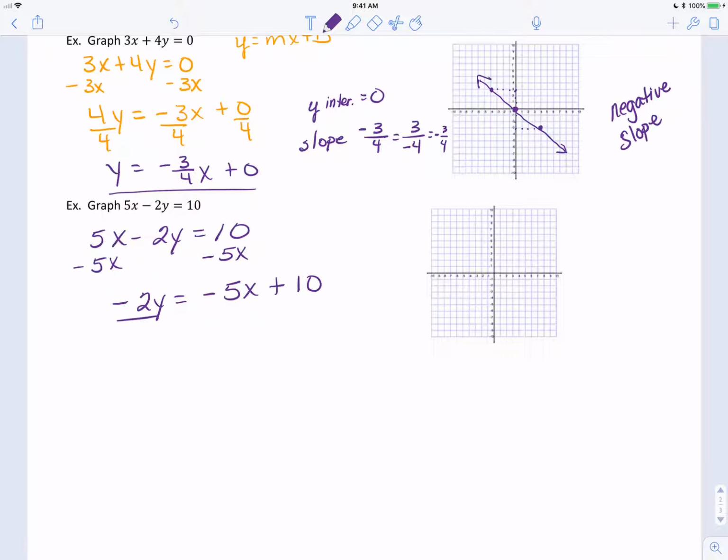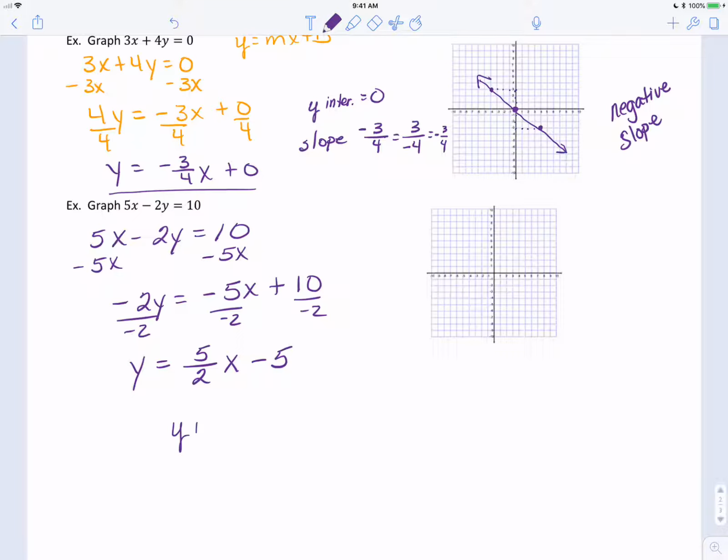Now we're going to divide by -2, and we have to divide everything by -2. Remember, if I do it to one term, I've got to do it to all the terms. That leaves us with the equation y is equal to, be careful, -5 divided by -2. That makes it positive. Negative divided by a negative is a positive. And then 10 divided by -2 is -5.